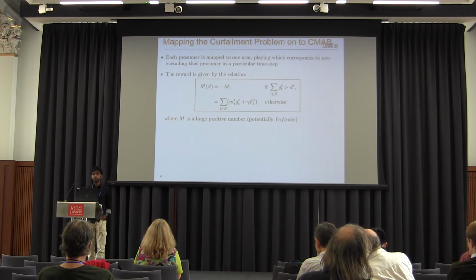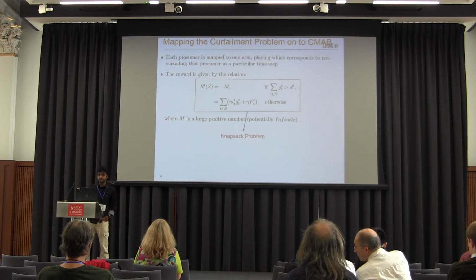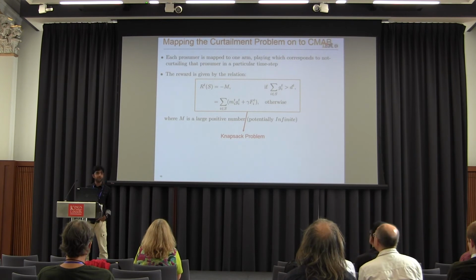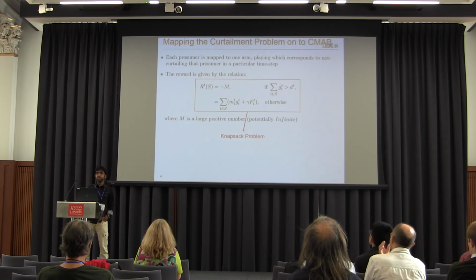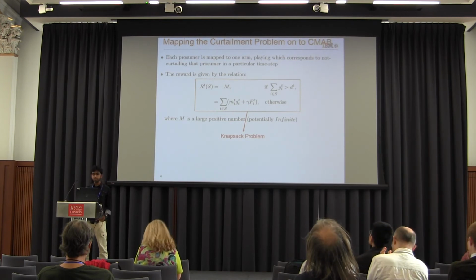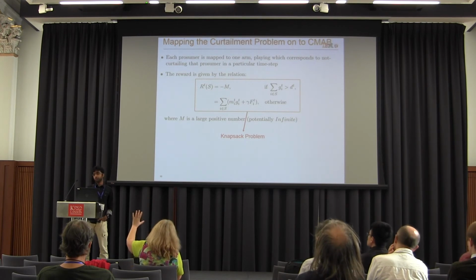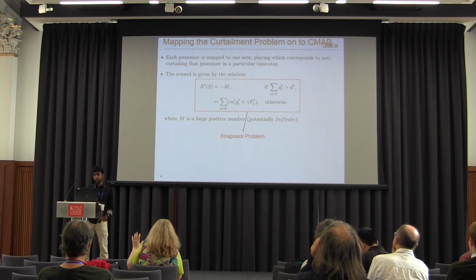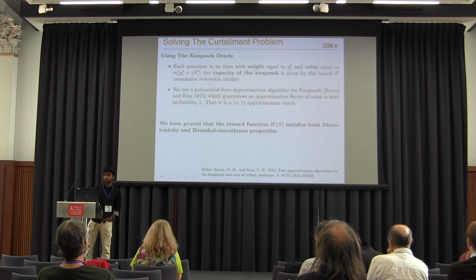If you look at this reward function carefully, you can see that it matches the classical knapsack problem. Each prosumer is an item, the weight for each prosumer is g_i,t, and their value is this function. The size of the knapsack is given by d_t.